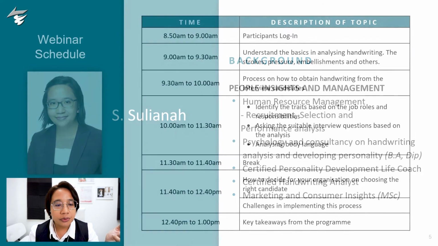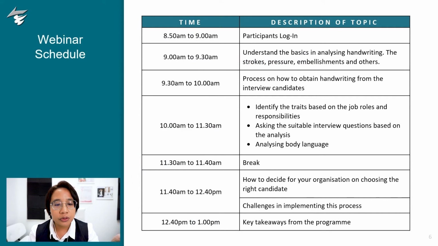So for this webinar, we will go through the basics of analyzing handwriting first, because if I talk to you about handwriting and you do not know the basics, I think it is kind of a waste of time. So it will be good that you know the basics of what this science is about, and what the process is to obtain handwriting from your interview candidates.